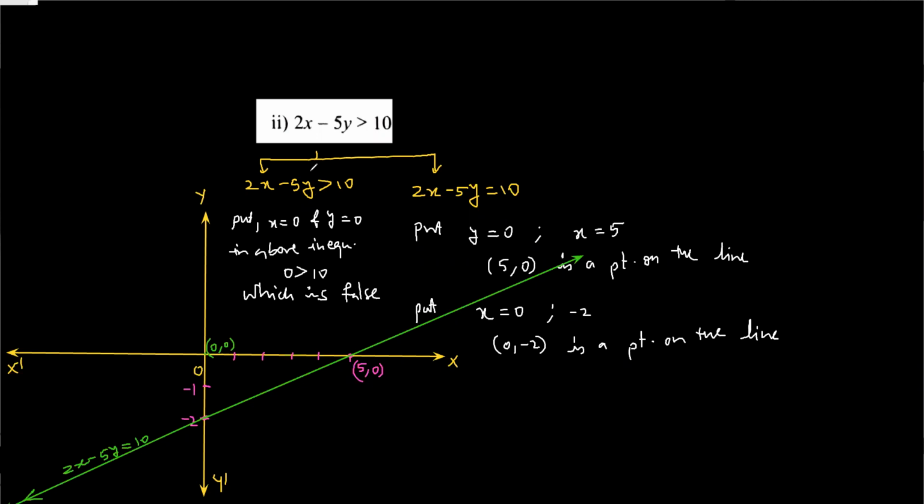The half plane which this represents does not contain the origin. So the solution set is going to be the non-origin side, and hence it is this way. I hope you all followed how to do it.